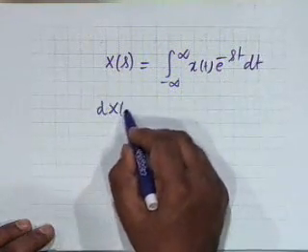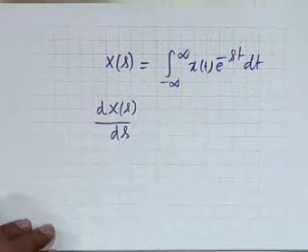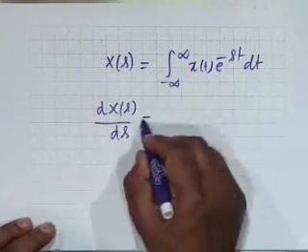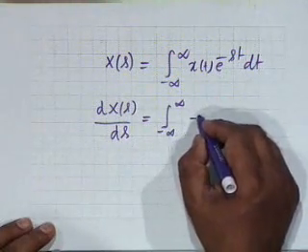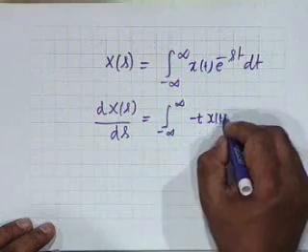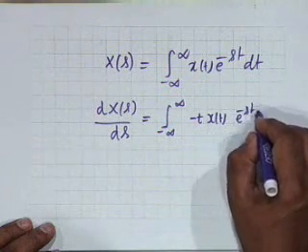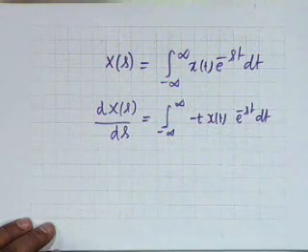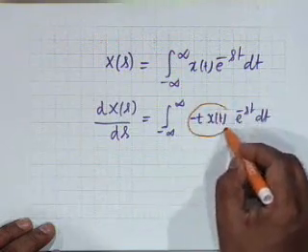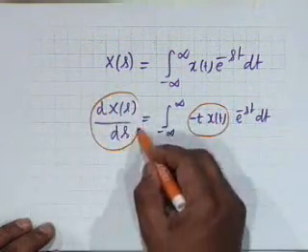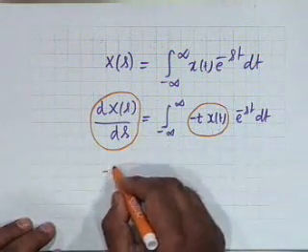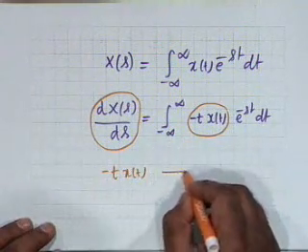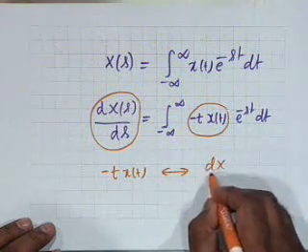Suppose you differentiate with respect to s, dX(s)/ds, and this differentiation can be done within the integral, and you see simply that it is minus t x of t e to the minus st dt, and therefore we can see that dX(s)/ds is the pair of minus t x of t.